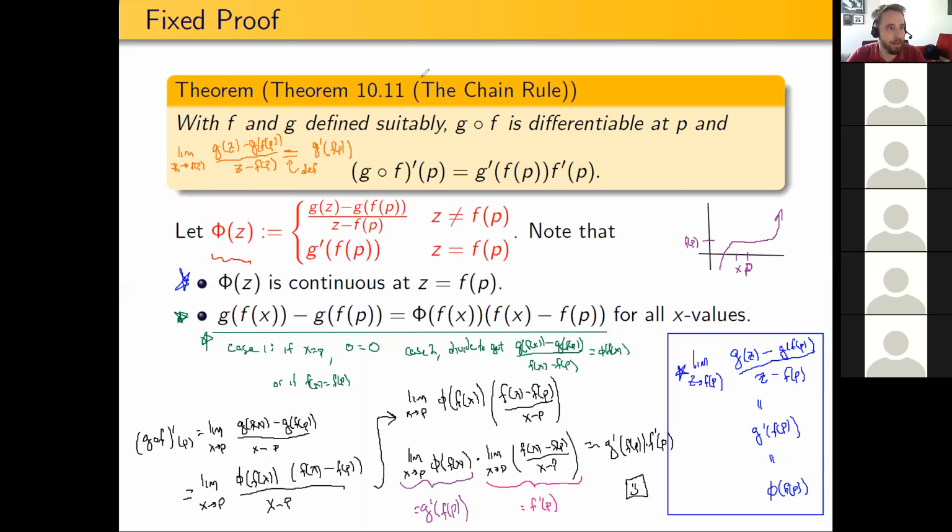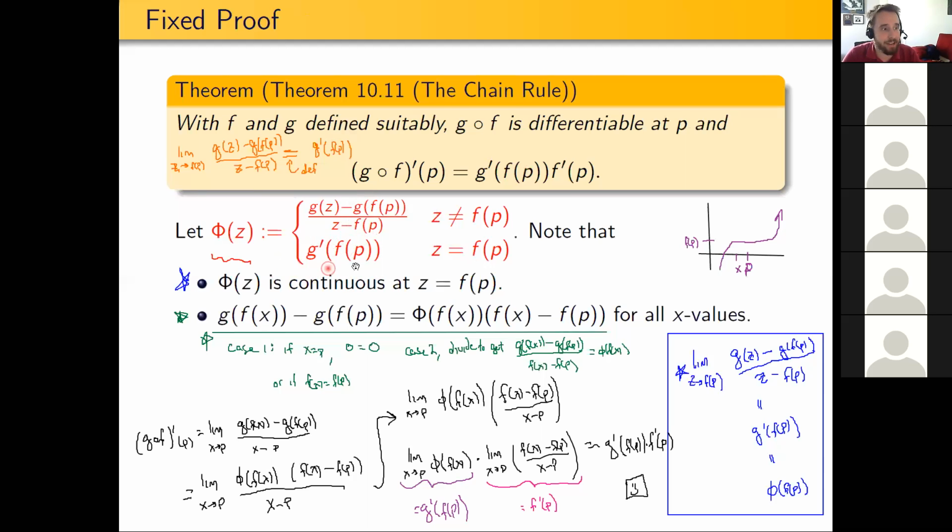So g prime of whatever I'm plugging in here. This is true just by definition: the limit of that expression would equal this. So if I wanted to define my phi of z to look like this difference quotient, and I wanted to define phi of z in such a way that I could plug in f of p, because otherwise I'd get a 0 error in the denominator here, this is the natural choice.